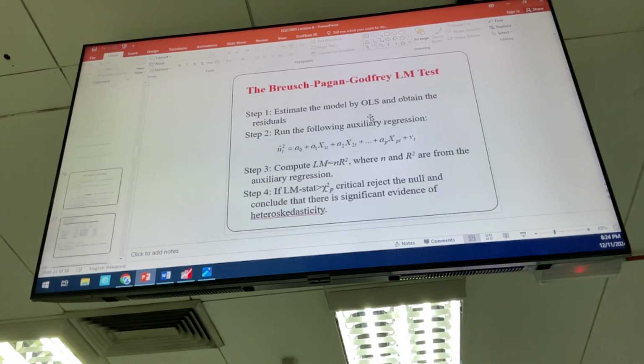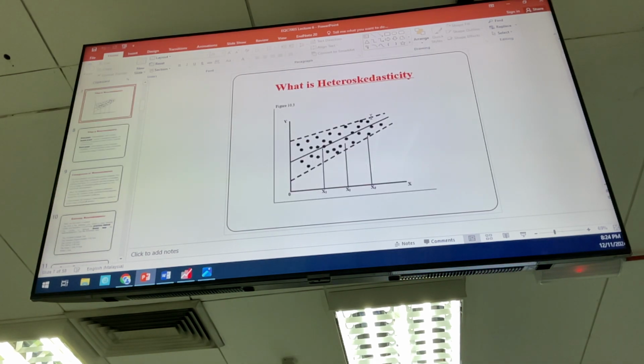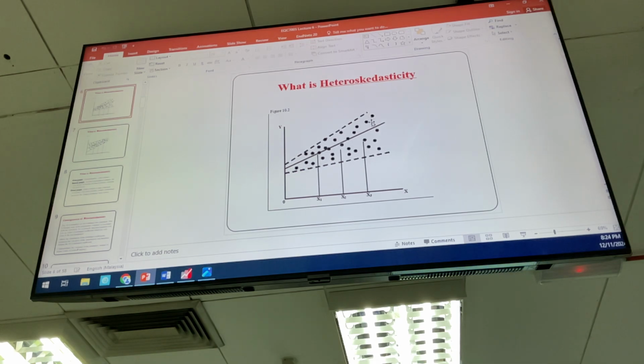So for example, let's say you have the travel expenditure, and then you have total income, total income for the whole population. So let's say for KL, Kuala Lumpur, you have this one, then this one for smaller cities, Ipoh, for example, or other places.